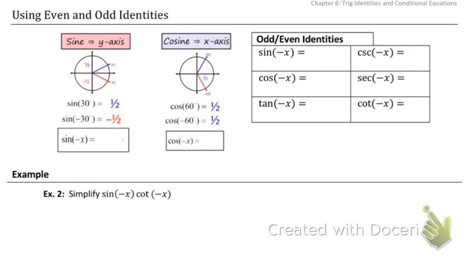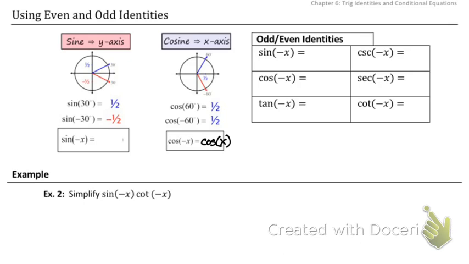If I find cosine of negative 60 degrees, it is 1/2 as well. And that works for any cosine value. Cosine of 135 is negative square root of 2 over 2, and cosine of negative 135 is also negative square root of 2 over 2. So that means cosine of negative x can be rewritten as cosine of positive x.